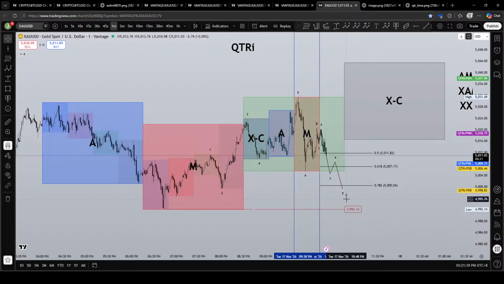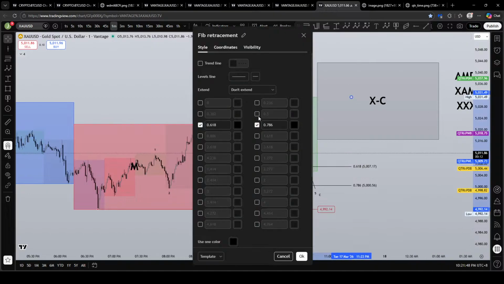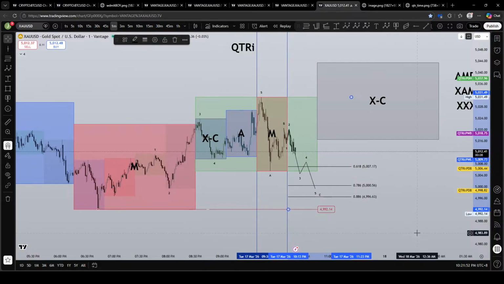For wave C, the possible target would be the previous day body low. So in this case, we'll adjust this, or perhaps we can also consider the 886 level. I included this because harmonics can also be applied in market structure.